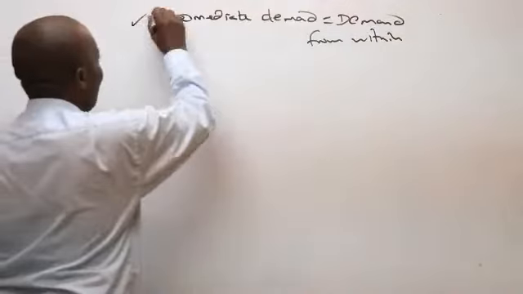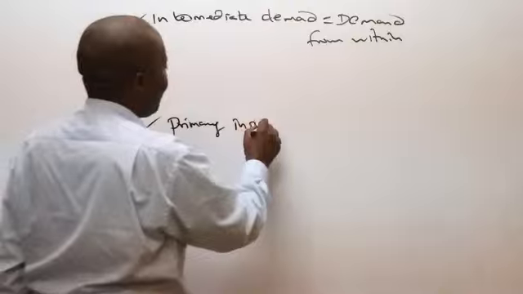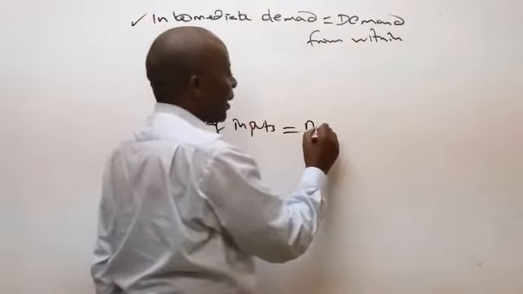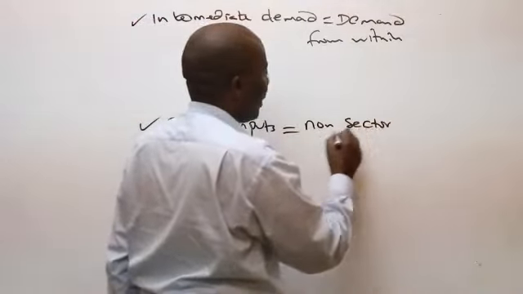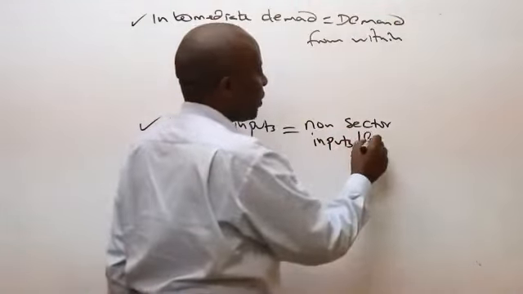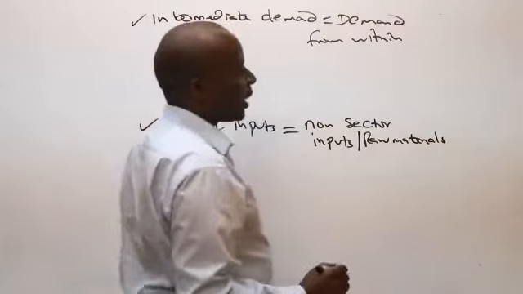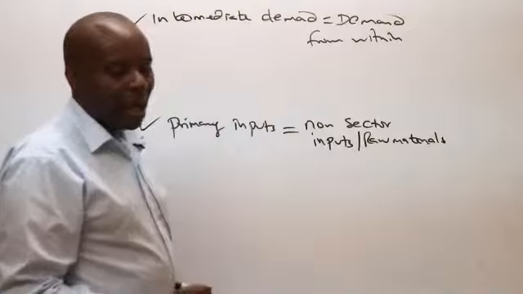If you check your past papers, you'll be able to see these definitions. The primary inputs. These are non-sector inputs, non-sector raw materials. Those raw materials that can never be provided by any sector.